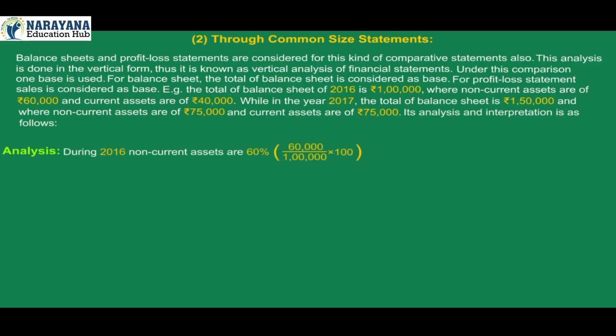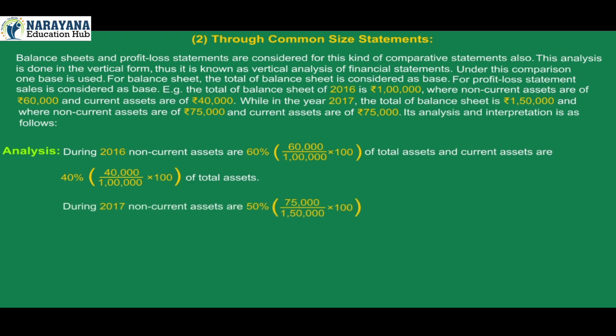Analysis. During 2016, non-current assets are 60%, 60,000 divided by 1 lakh into 100 of total assets, and current assets are 40%, 40,000 divided by 1 lakh into 100 of total assets.